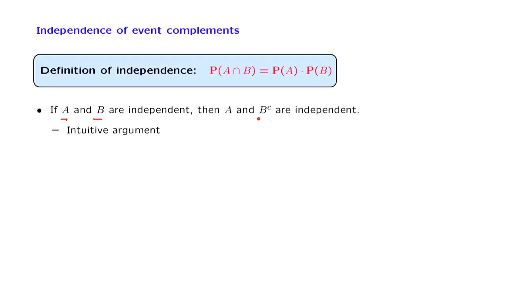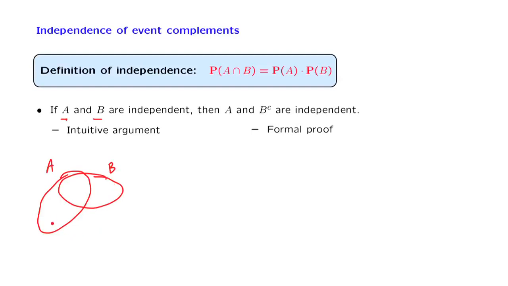This was an intuitive argument that if A and B are independent, then A and B complement are also independent. But let us now verify this intuition through a formal proof. The formal proof goes as follows. We have the two events, A and B, and event A can be broken down into two pieces. One piece is the intersection of A with B, so that's the first piece.